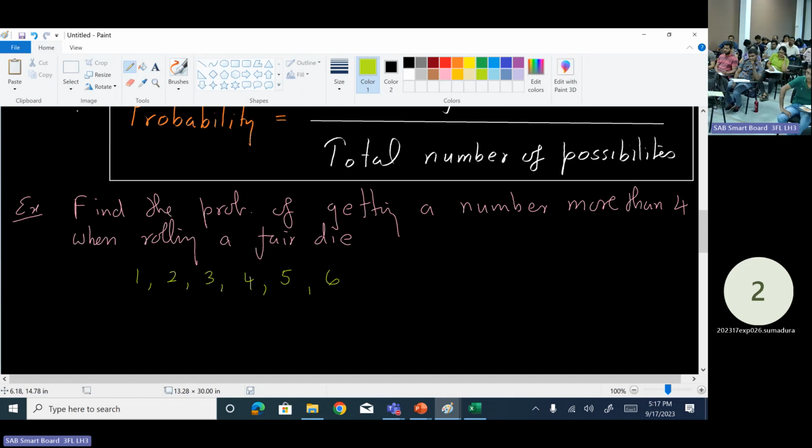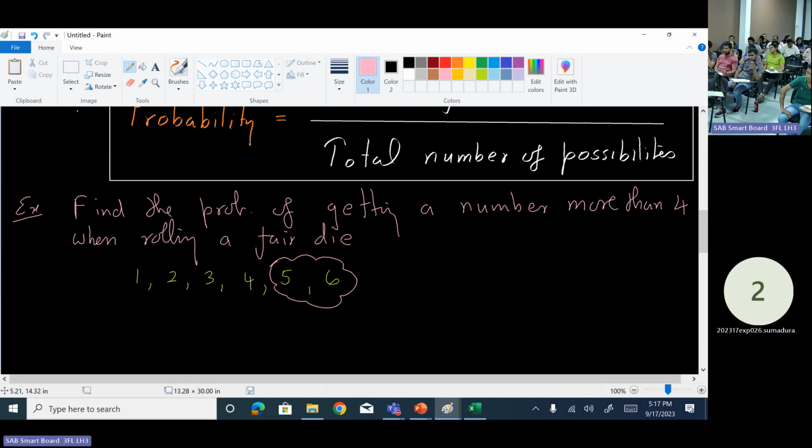So now we want the probability of more than 4. When you say more than 4, 4 is not counted. So we can have 5 or 6. Totally there are 6 possibilities, and we are interested in 2.